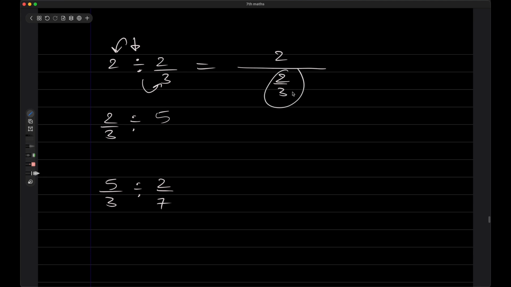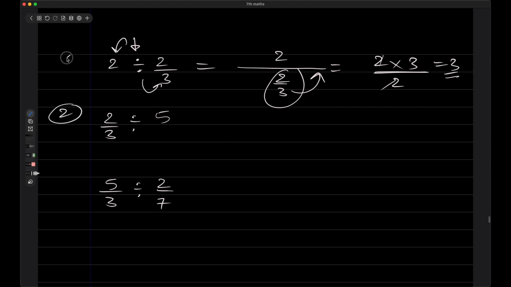Then the denominator of the fraction is sent to the opposite side of the division line, that is, 2 into denominator is 3, so 3 is above the division line and the denominator as it is. Then 2 will get cancelled and 3 is the answer.